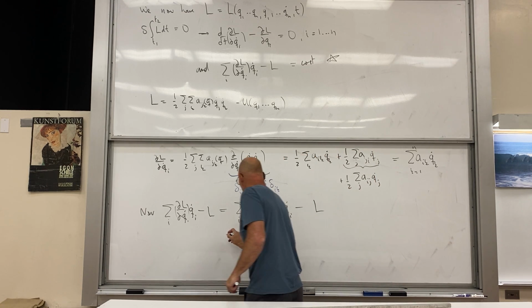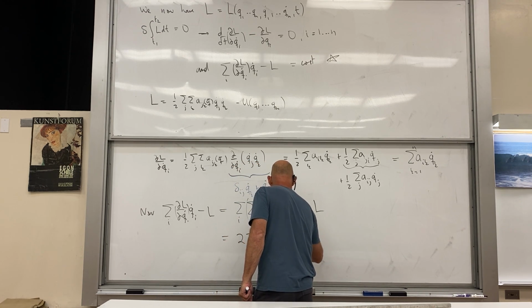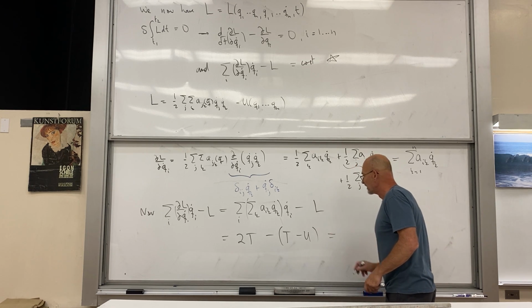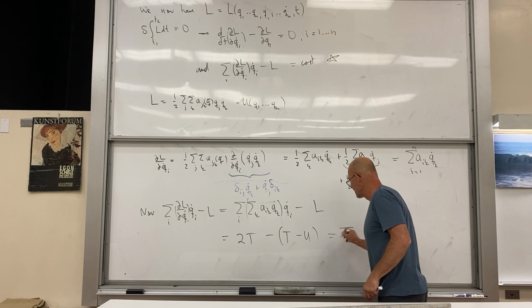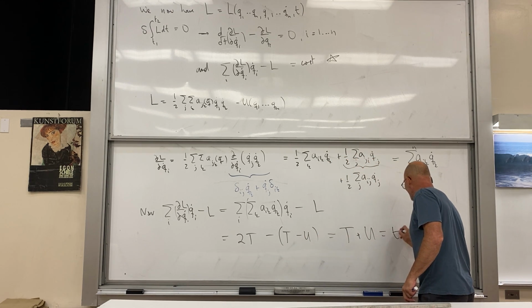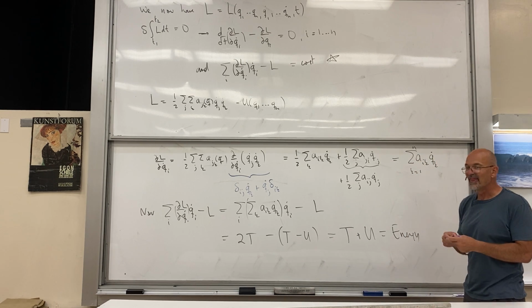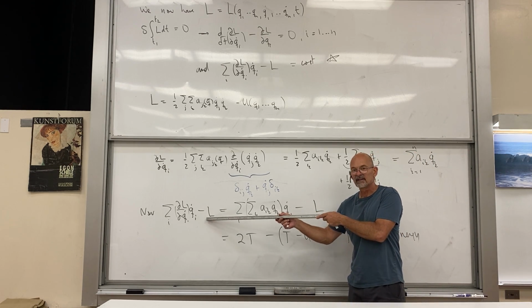So this is 2T minus (T minus U), minus is plus U, so 2T minus T plus U equals the total mechanical energy. That is our conserved quantity that we inherited from variational calculus.